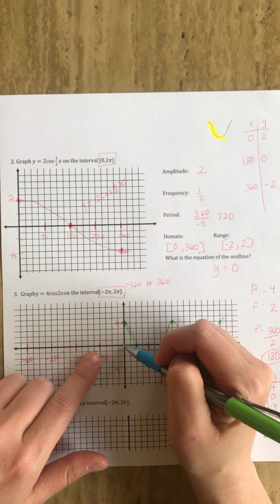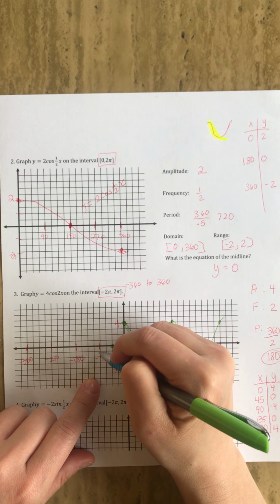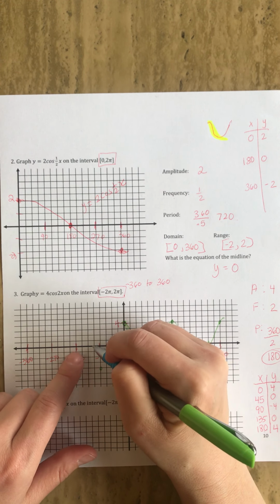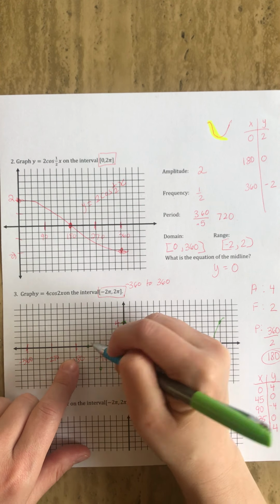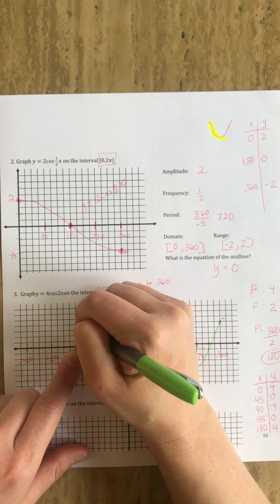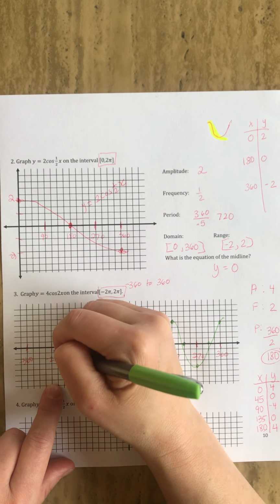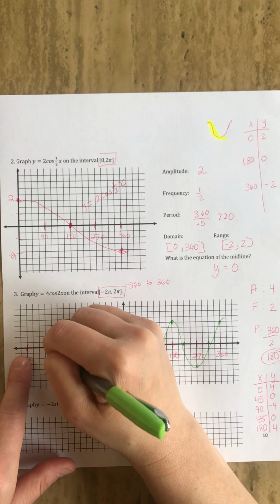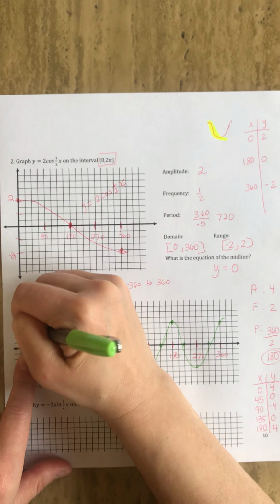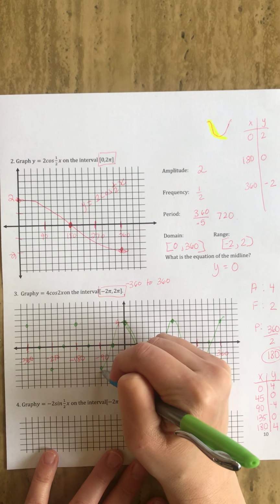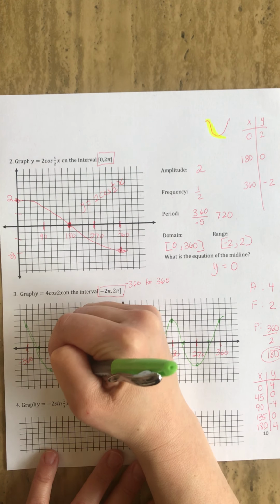And then of course you guys are going to be doing the exact same thing over here, back down to 0, negative 4, 0, positive 4, 0, negative 4, 0, positive 4. 2 cycles.